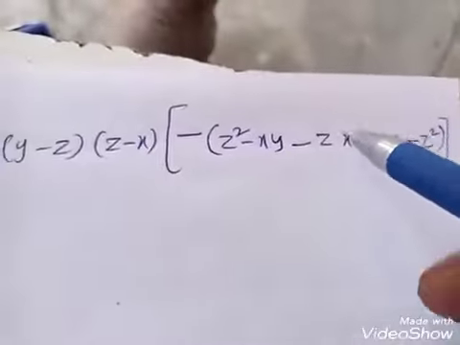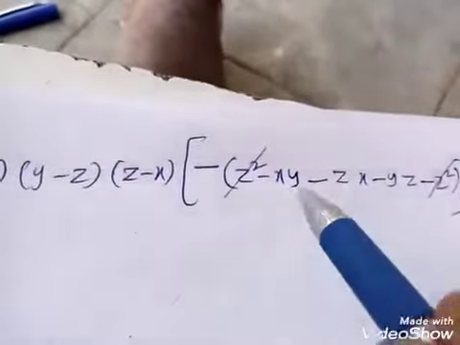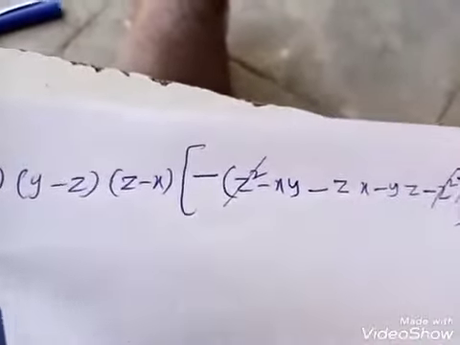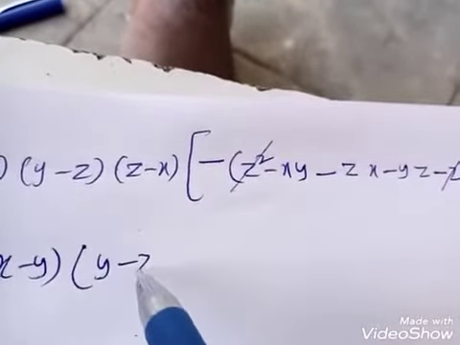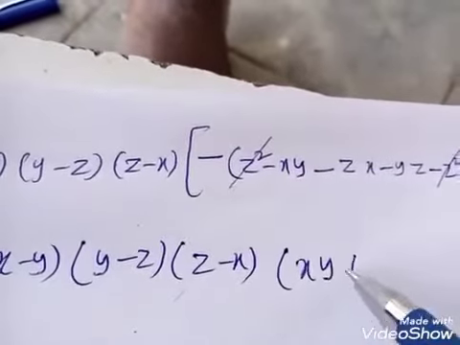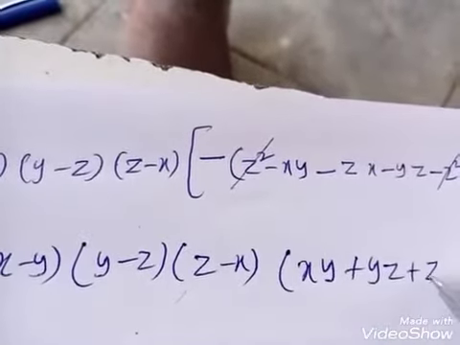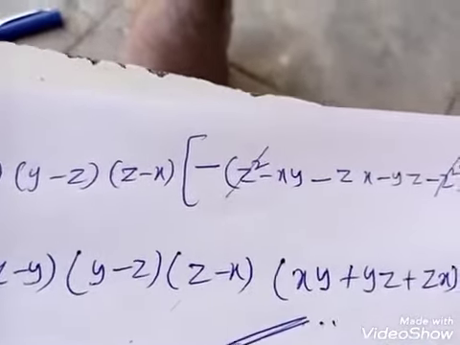Now z square and z square get cancelled, and taking minus common, minus into minus is plus, then you are going to get x minus y, y minus z, z minus x into xy plus yz plus zx. You have taken common minus here, minus into minus is plus.